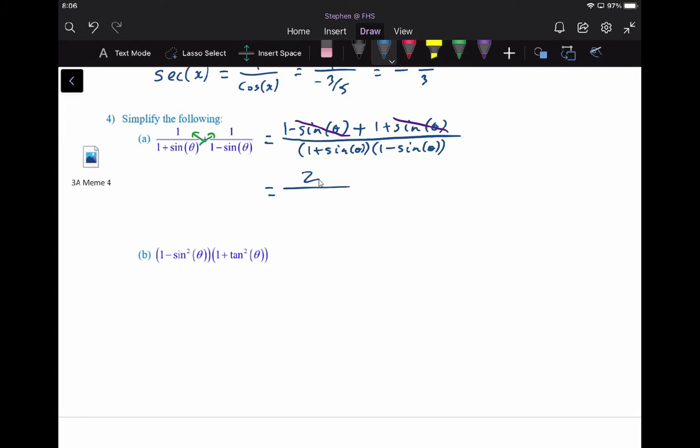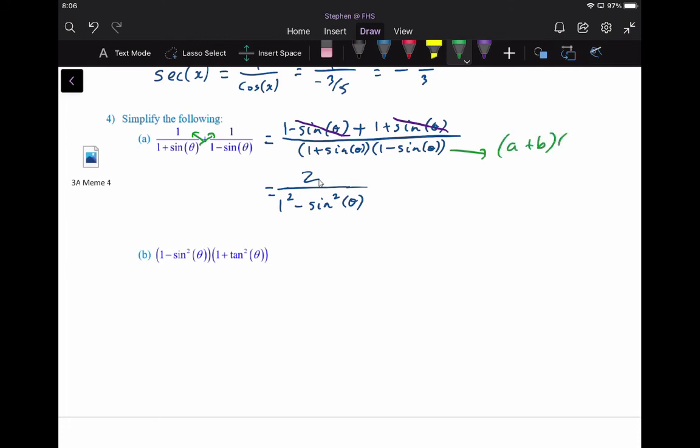Now on the denominator, I have 1 plus sine multiplied by 1 minus sine. Well, that really is just 1 squared minus sine squared. I'll mention where that comes from: that is simply our difference of two squares formula.